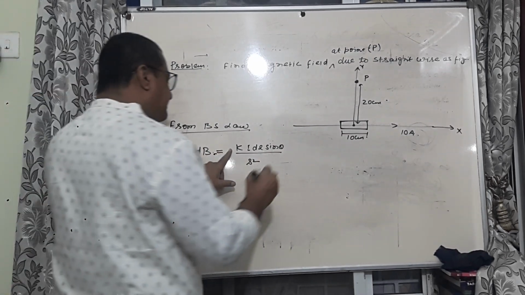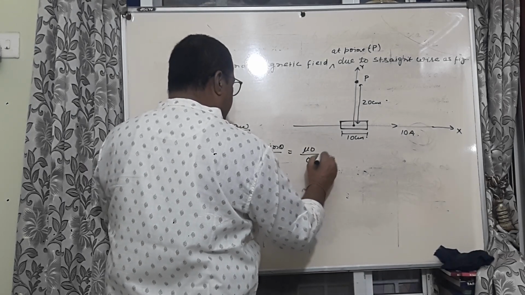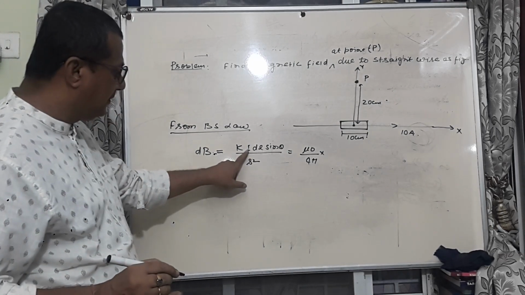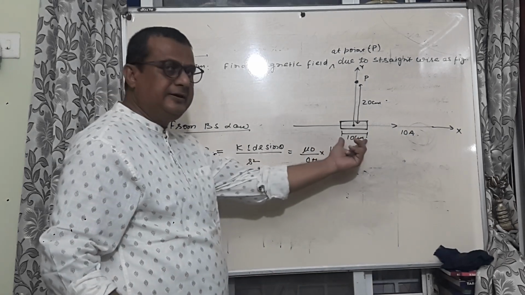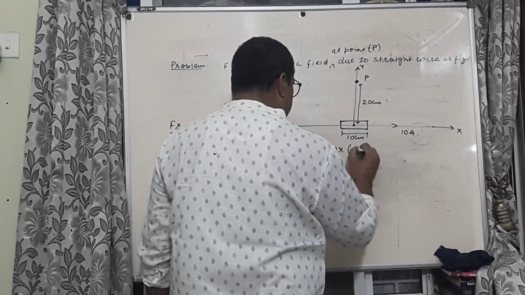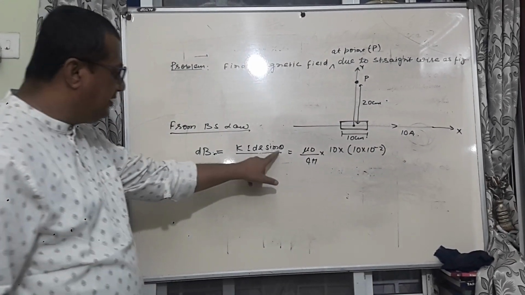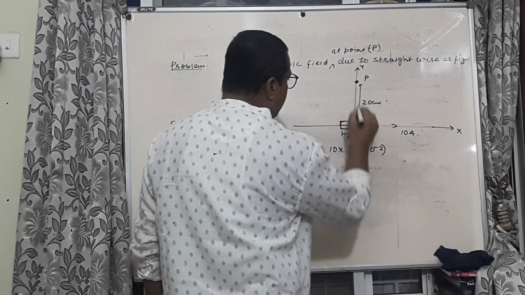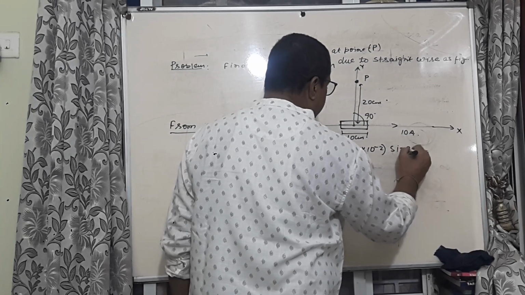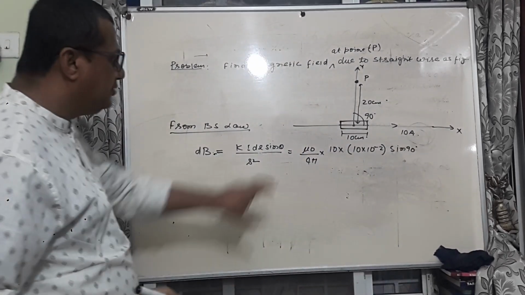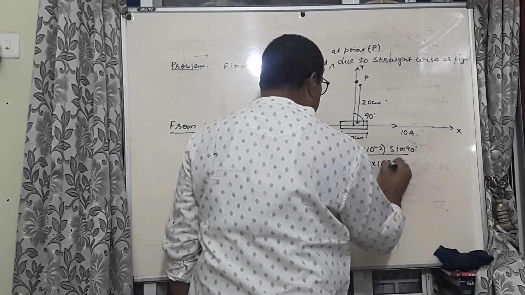The value of k is mu naught by 4 pi, into I, the current, that is 10 ampere, dl length 10 centimeter. So this will be equal to 10 into 10 to the power minus 2 meter. Theta: this is the current element and this is the point of observation. This angle is 90, so this will be sin 90. And r square, this distance is 20 into 10 to the power minus 2 whole square.